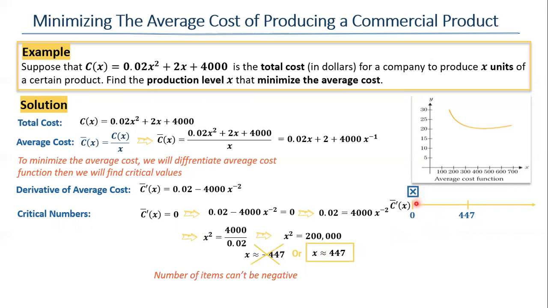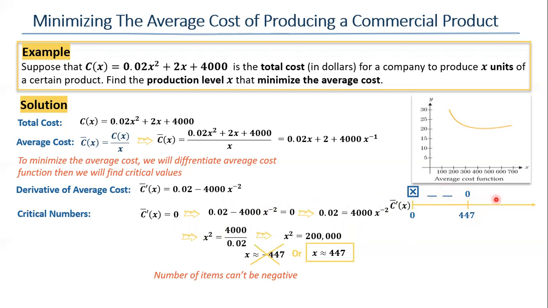At x equals 447, C prime equals 0. We'll choose any number to the left of 447, like 400, and substitute it into the derivative. We'll get a negative number.